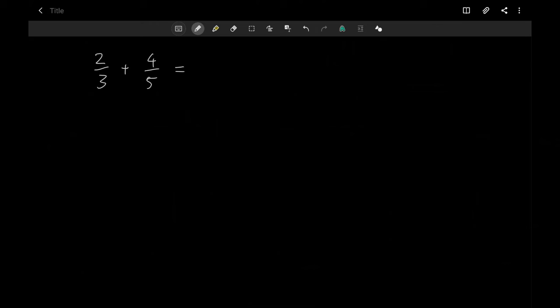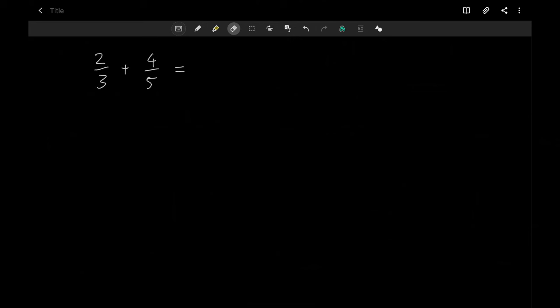As you get better and better at this, you'll find little shortcuts that you can take to answer the same question without having to write so much. For example, if you had 2/3 and you wanted to add 4/5, a quick way of answering the question would be as follows.